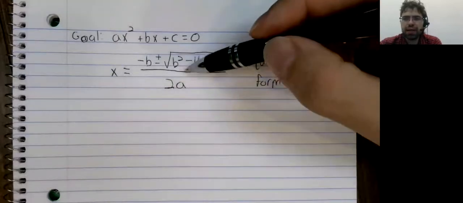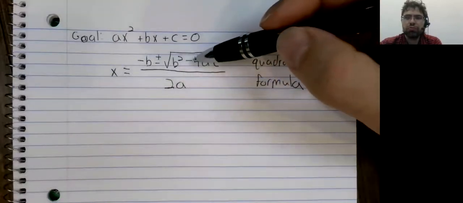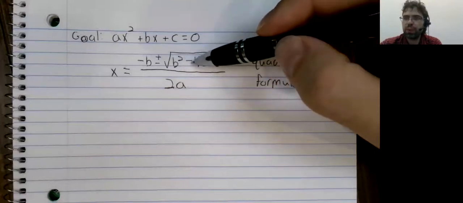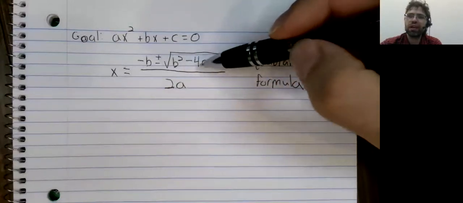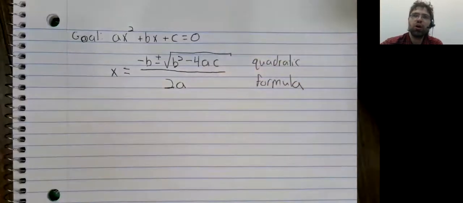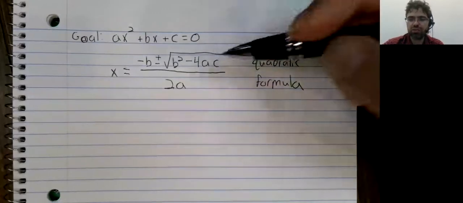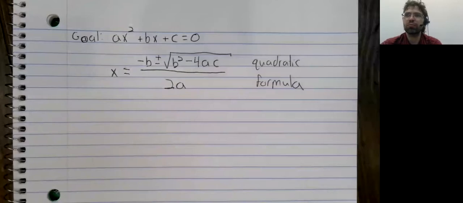However, we do have this square root. There's no reason that b squared minus 4ac ought to be positive. I mean, no inherent reason. So you might sometimes get complex solutions using the quadratic formula.